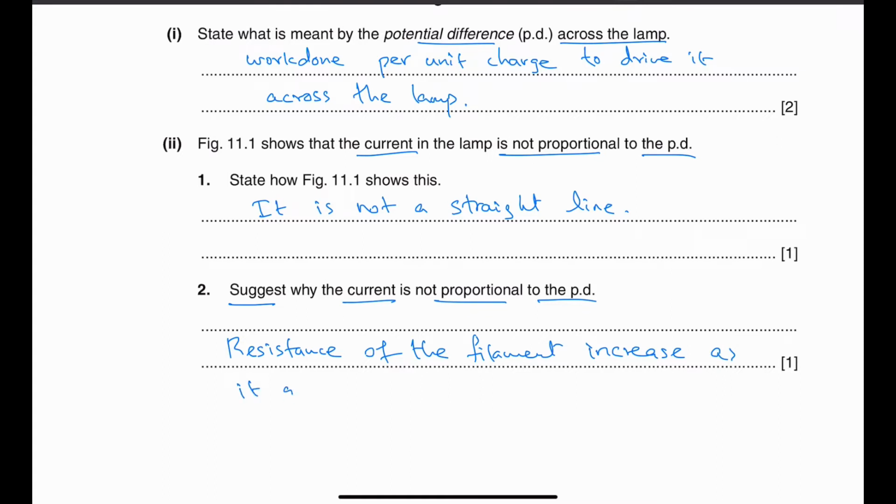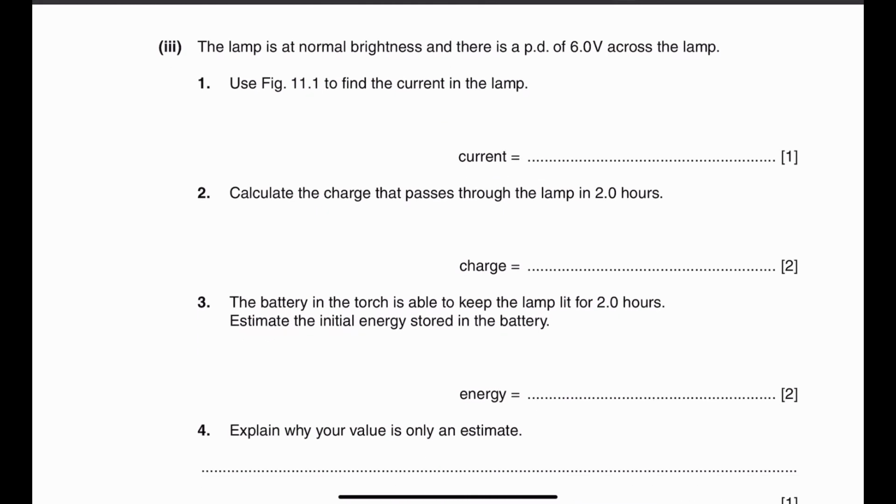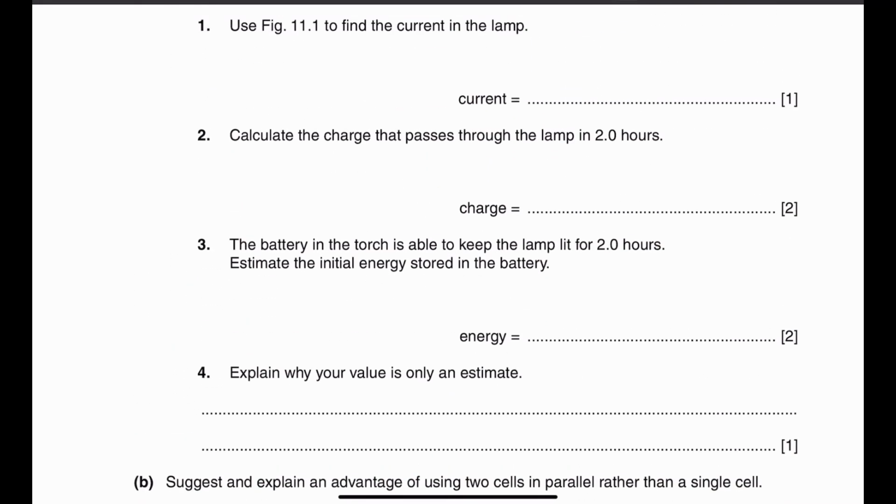Because it gets hot. The temperature increases, which causes the atoms to vibrate in the metal, and this makes it harder for the free electrons to flow through the metal, which basically increases the resistance. So let's keep moving. The question is still not finished. We do have a few other parts to go.